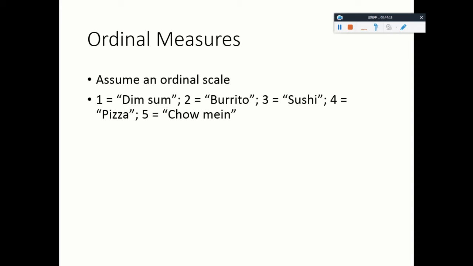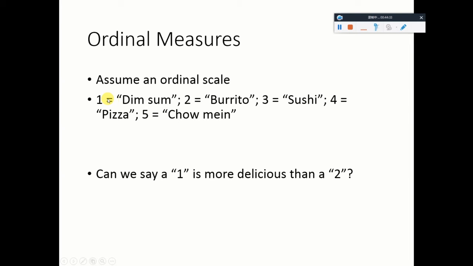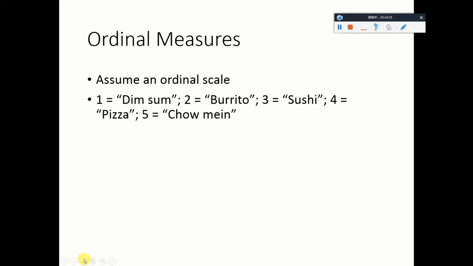So, just to reinforce this idea, we assume that we're going to use a 1 to 5 measure. So here the example is like this.